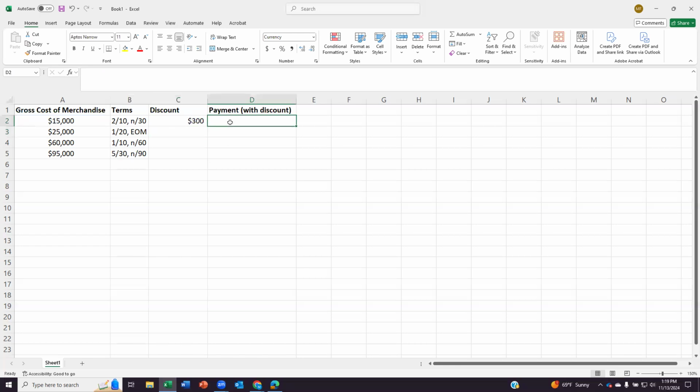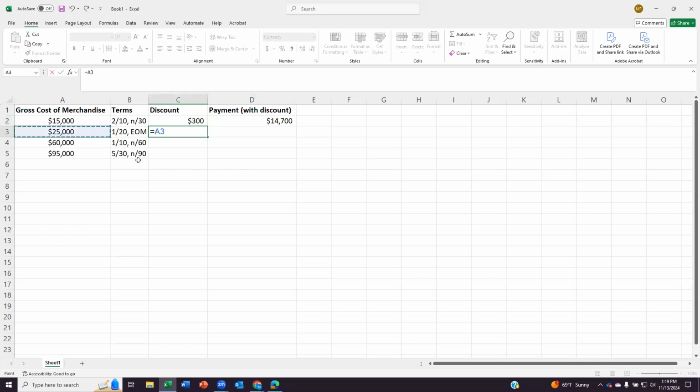So the amount I would have to pay is the gross cost minus the discount. So if I took a 2% discount by paying within 10 days, I would get a $300 discount, meaning I would owe $14,700 to the seller.